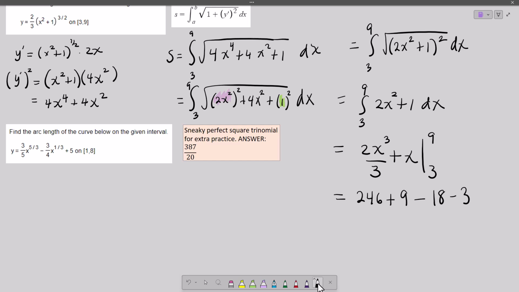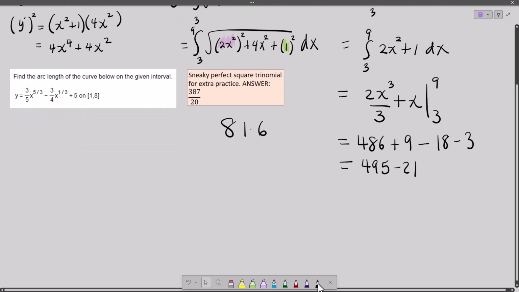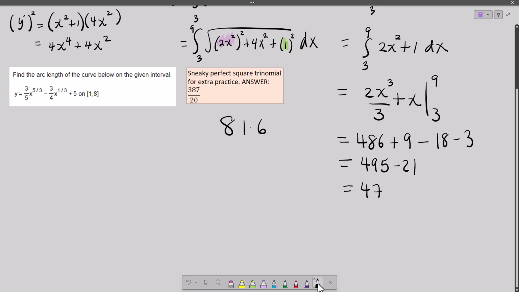Ah, shoot. 486? Yep. Oh, man. So, what was I trying to multiply? 81 times 6? Oh, yeah, 8 times 6 is 48. I agree. Yeah. 8 times 6 is 48. Thank you. And then all this is going to simplify to something like 495 minus 21, which will be 474. Oh, calculators make arithmetic so much easier.